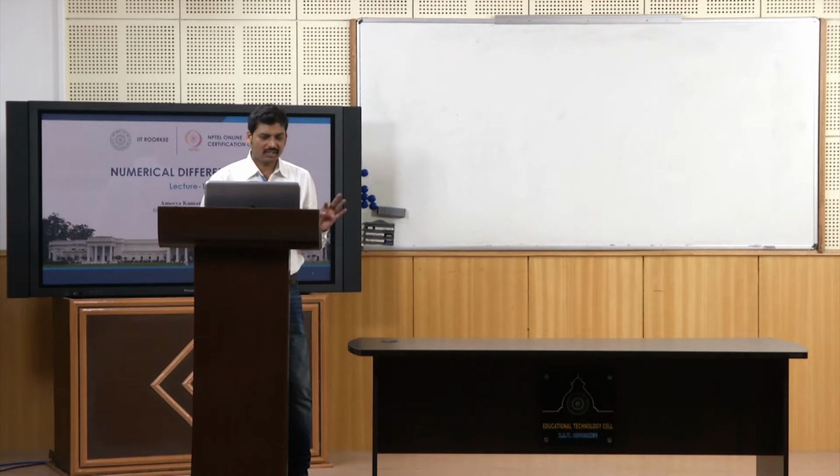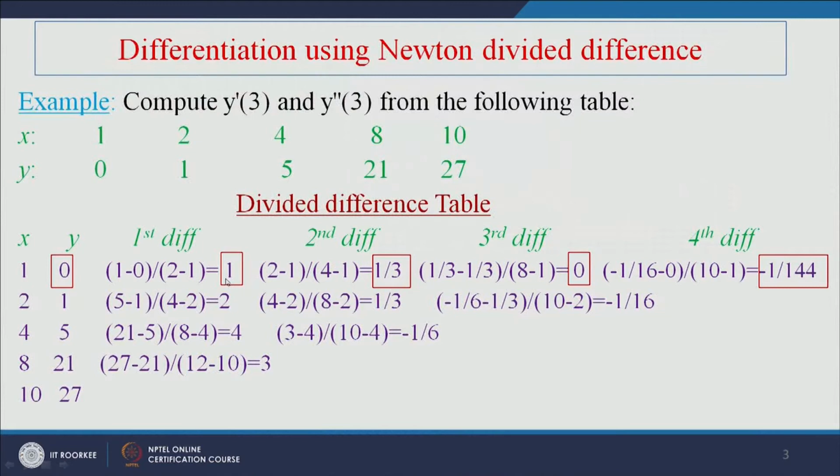Already in the last lecture I derived this divided difference table, and from it we have these values: first divided difference 1, second divided difference 1 by 3, then 0, then minus 1 by 144.